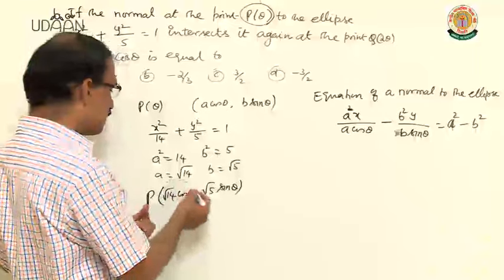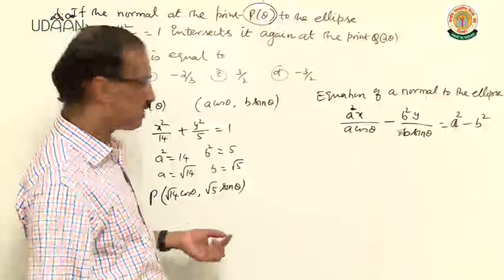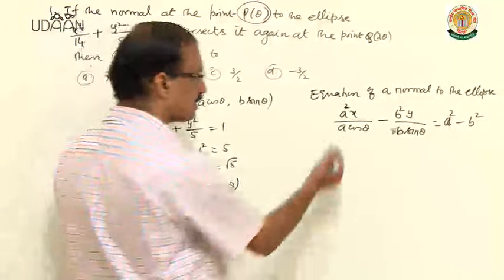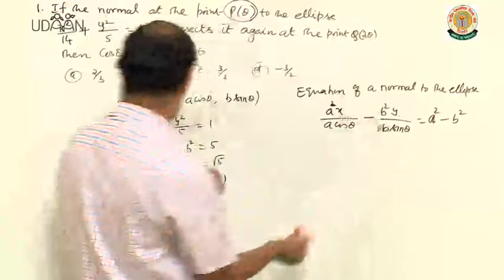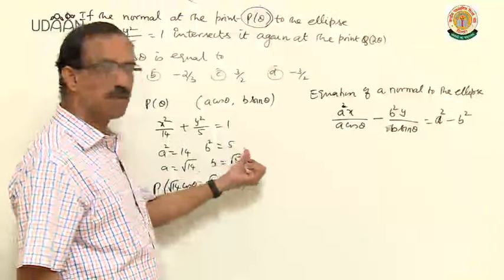In this, a cos theta means root 14 cos theta and b sin theta is root 5 sin theta, and a square we know is 14 and b square is 5.